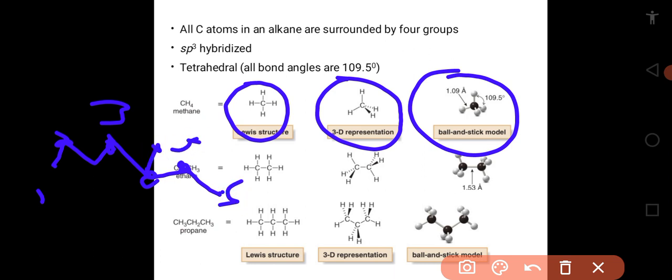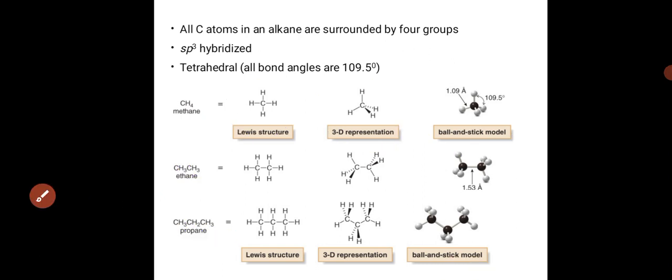It means that we have 6. So what do you call this? It's just a normal hexane. So this is the skeletal structure of an organic compound. It also applies to all other hydrocarbons, so it applies to ethane, propane. Look at it, they all have their 3D and ball and stick structures.